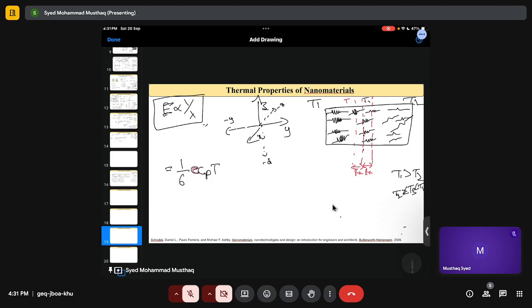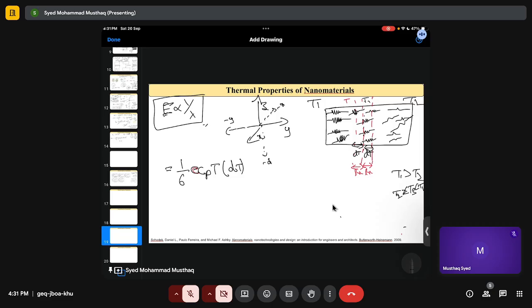Now what happens if it has traveled a distance? The temperature of this range, let's say it is dT, and the temperature gradient is dT here.